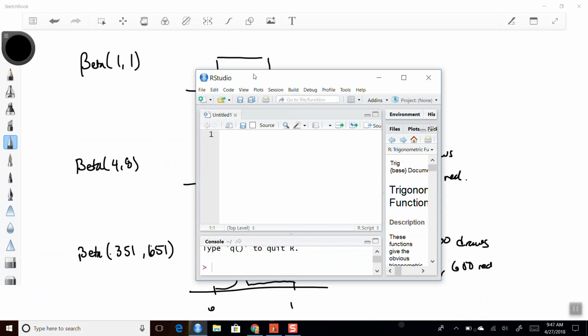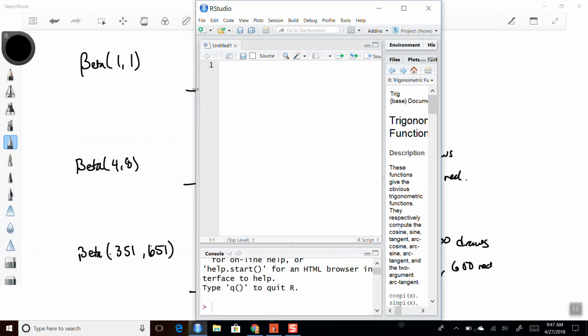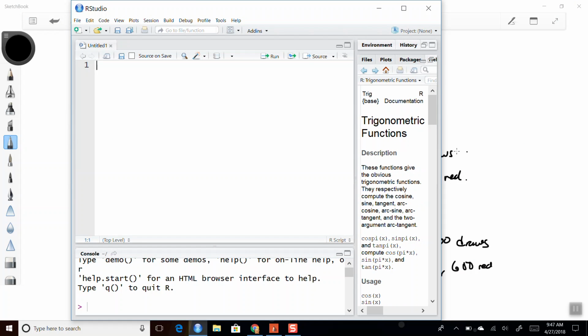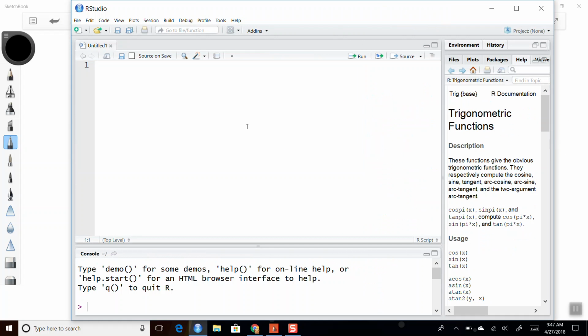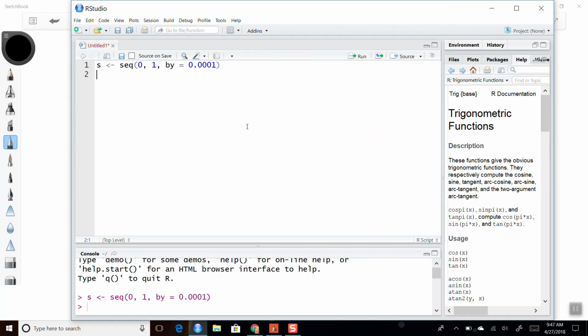All right, so let's say, okay, so I'm going to do s is going to be a sequence from 0 to 1, by 0.001. Okay. All right, so we'll call B11 will be dbeta, the density, right, of s with shape parameters 1 and 1.